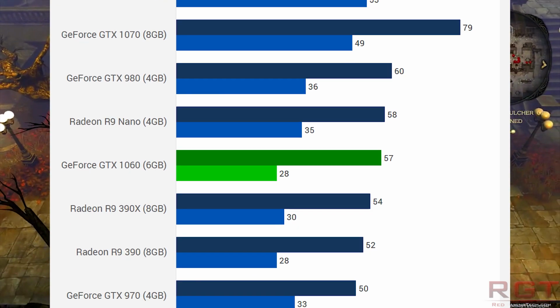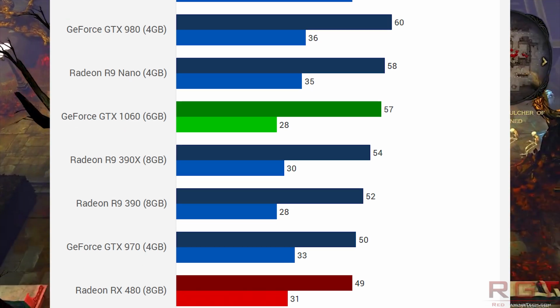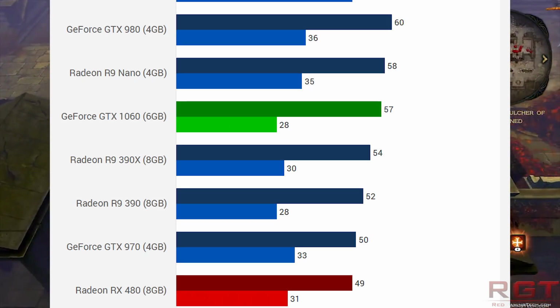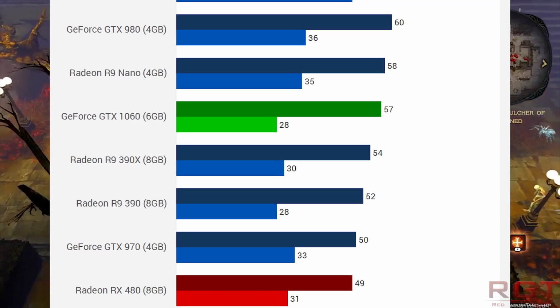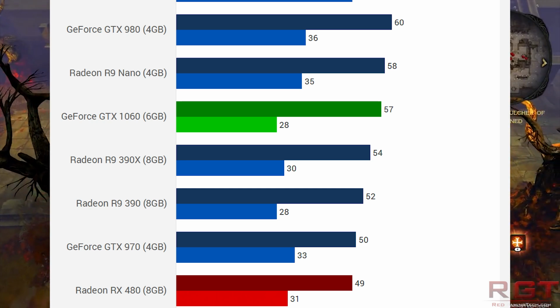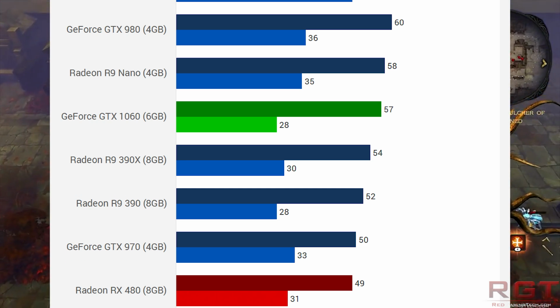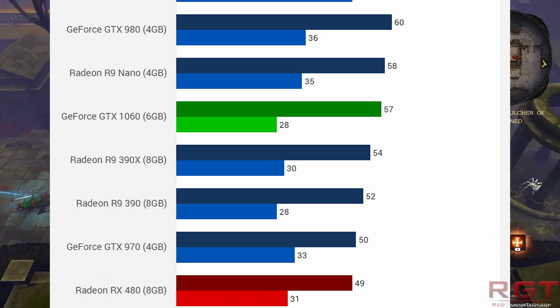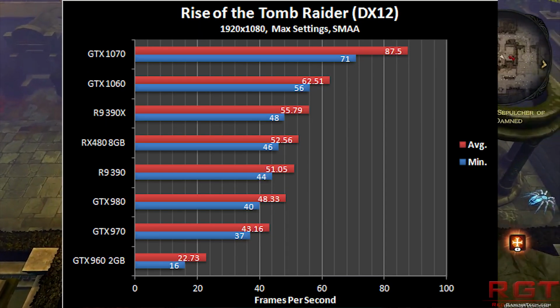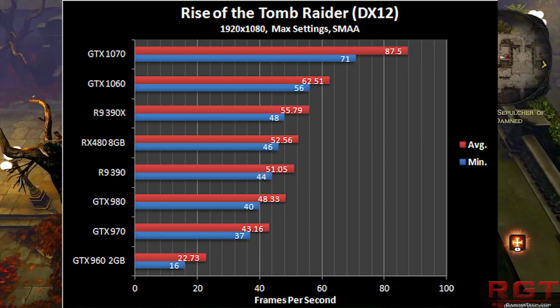So it's very close, but doesn't quite manage to be even. And same thing for 1080p. If you max out Rise of the Tomb Raider, the GTX 1060 hits around 62 frames a second, whereas you get 52 with the RX 480.